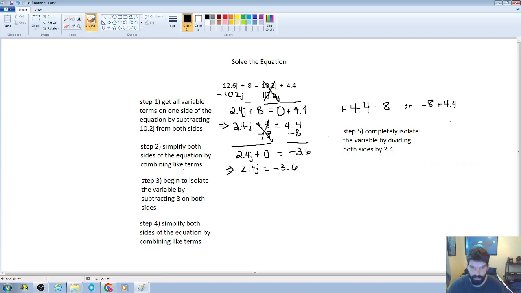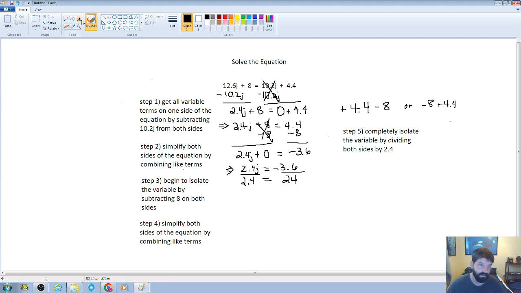So if we apply that, 2.4j divided by 2.4 is equal to negative 3.6 over 2.4.